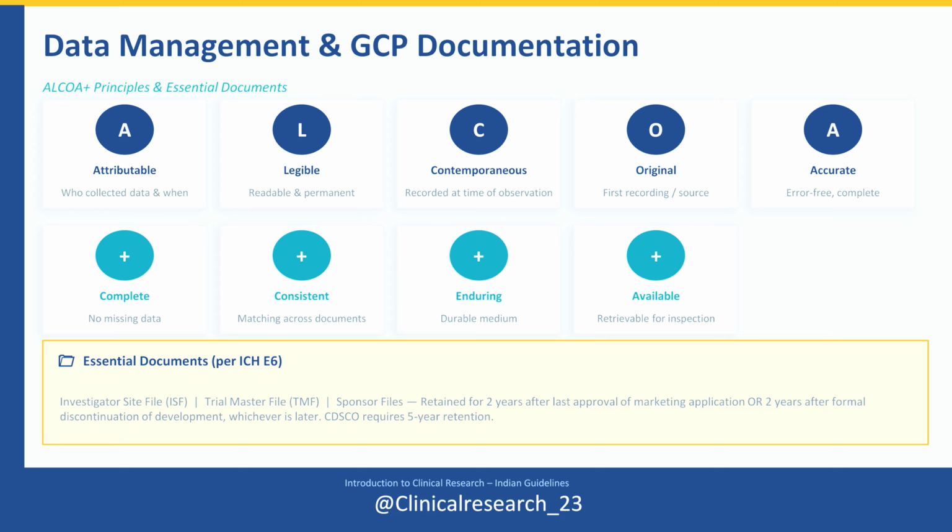It's also vital to know who collected the data and when. This attributable aspect helps establish accountability. The documents should be legible, so they can be read easily in the future. All these qualities, originality, contemporaneity, readability, and attribution, help ensure the data's integrity and reliability.